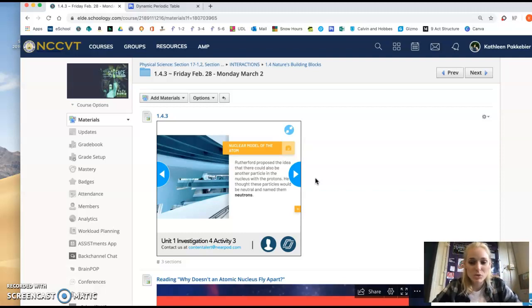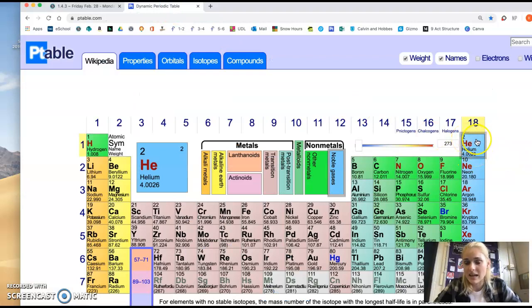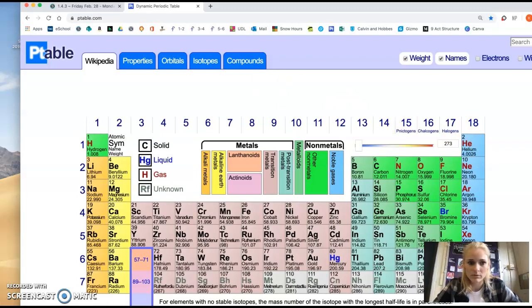The neutron is neutral, which makes sense. It doesn't have a charge. But it's still in there, and it has mass. It has the same exact weight as the proton. So helium with a mass of 4 has 2 protons and 2 neutrons, and they add up to give it a mass of 4.